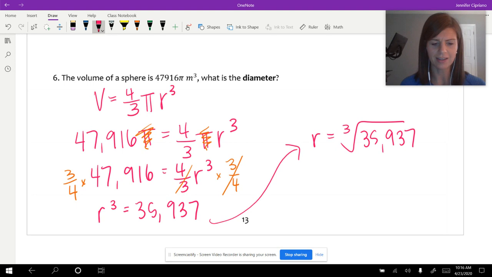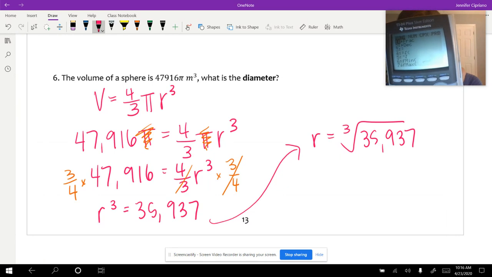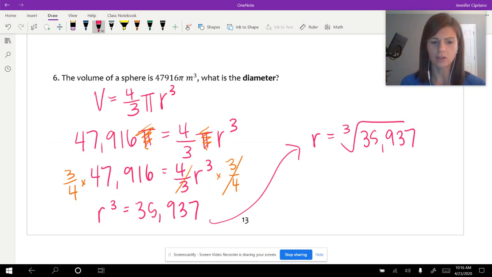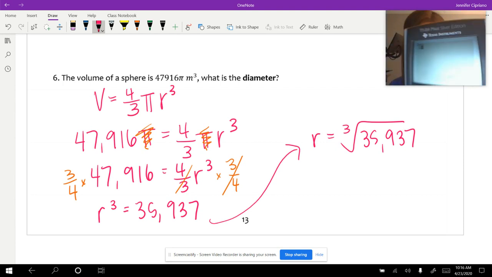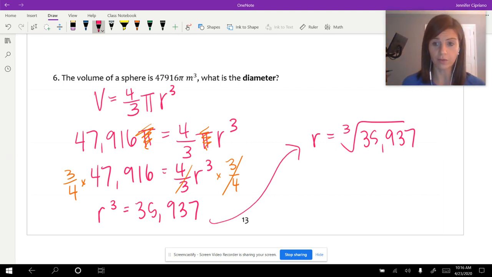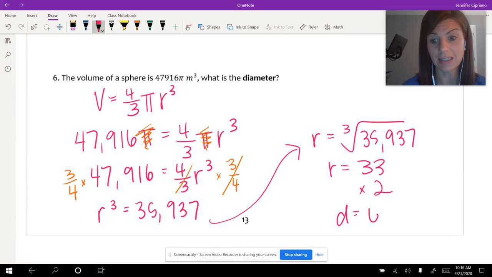You don't have to hit second. And if you scroll down there to number 4, you'll see the cube root option. That'll bring up the cube root on your screen. So the cube root of 35,937 is 33. So the radius is 33. Multiply that by 2 to get the diameter, which would be 66 meters.